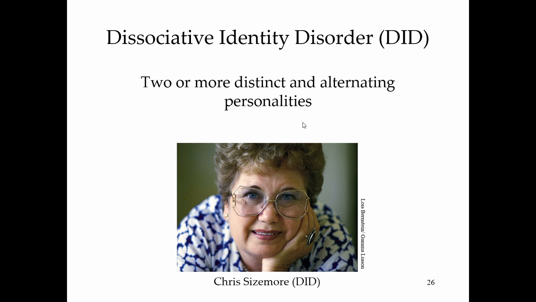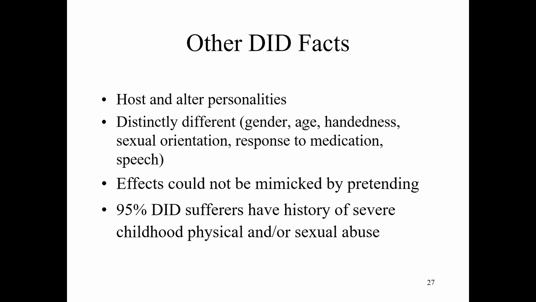And so even though one of those personalities generally is sort of the core personality, what we might call the host personality, there are numerous other personalities that take control of the person's behavior at various times.